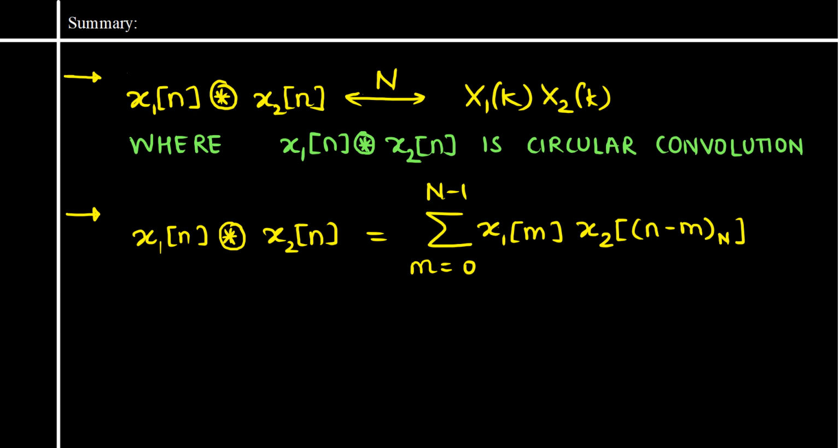And we know that instead of having linear shifts as in linear convolution, we are having circular shifts of n in the circular convolution. In the next lecture, we will look at a simple example in order to find the circular convolution. Till then, let's stop here.